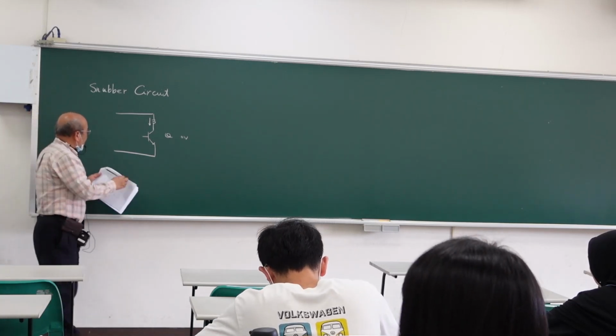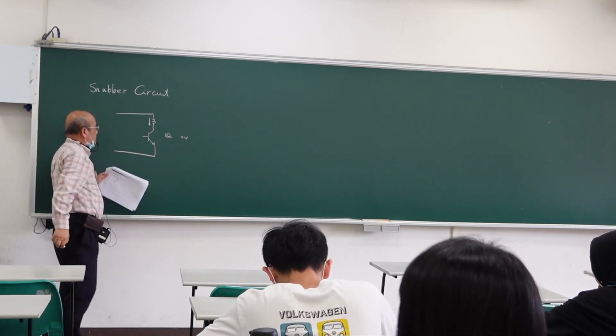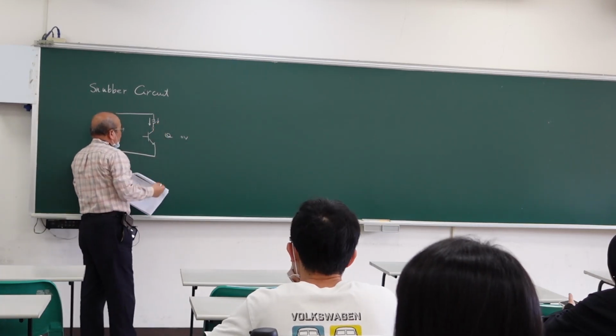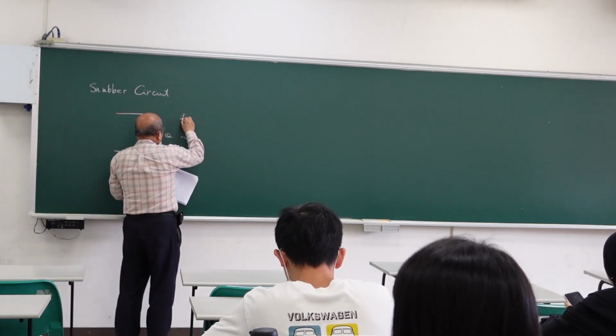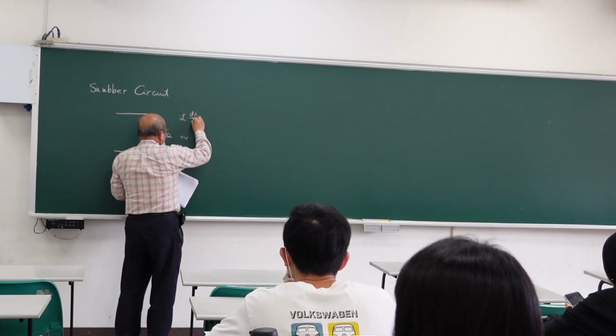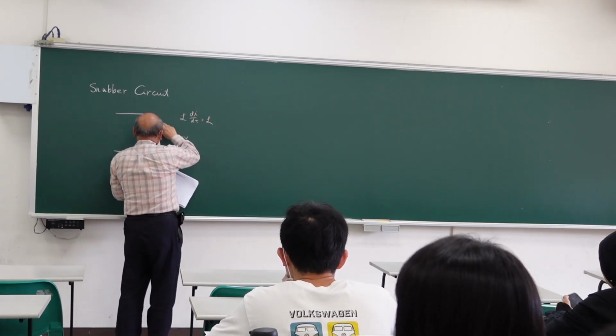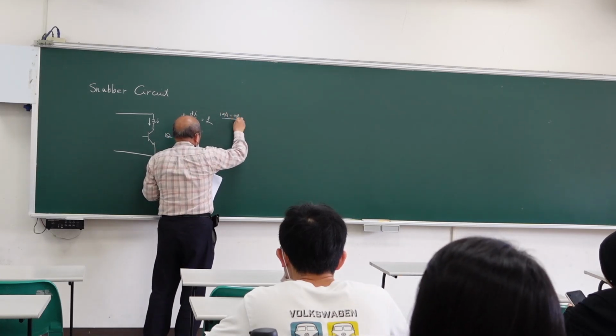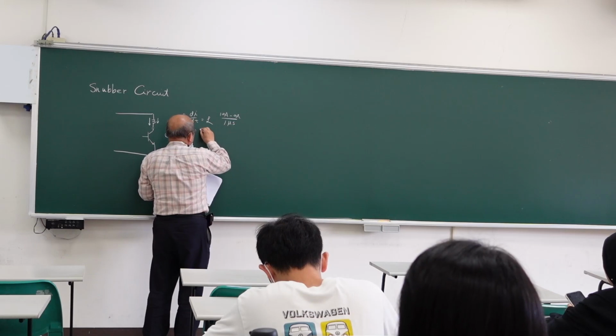But if Q is off, what happens? Then we have L di/dt. The current, originally 10 ampere, is now reduced to 0 ampere in 1 microsecond.